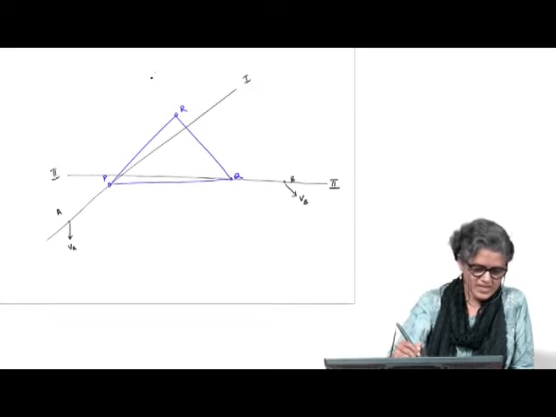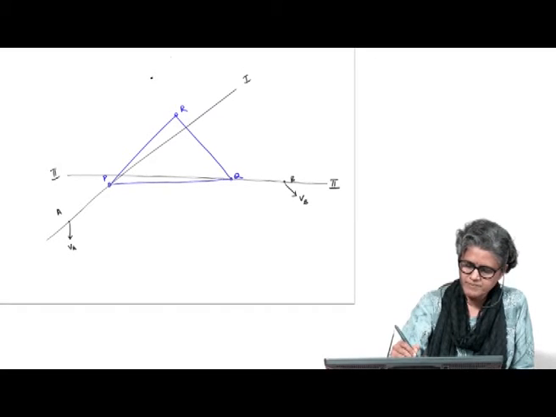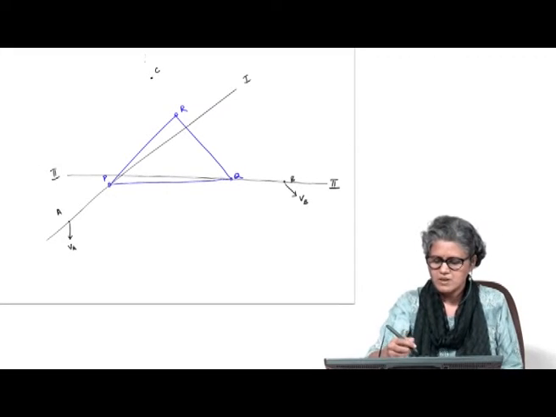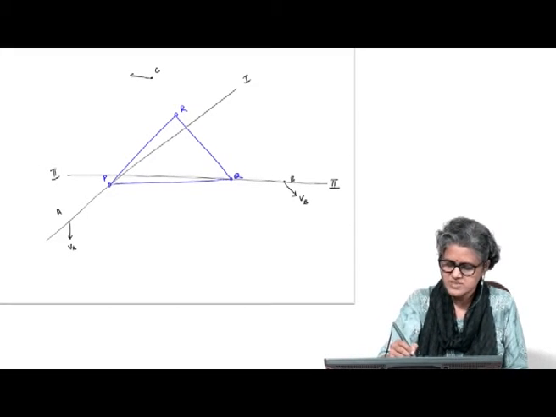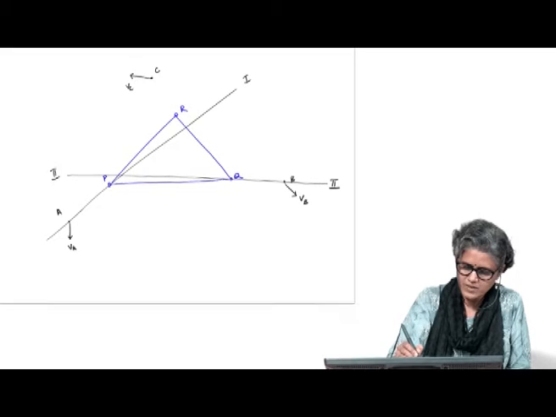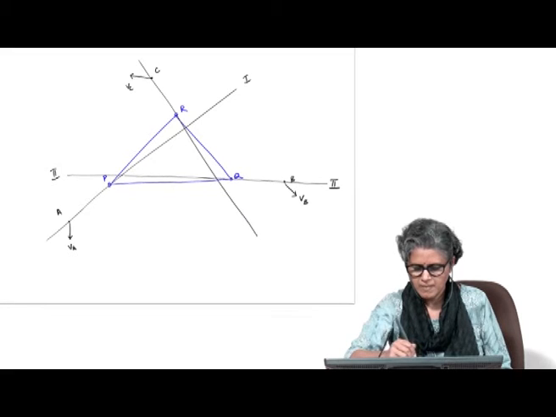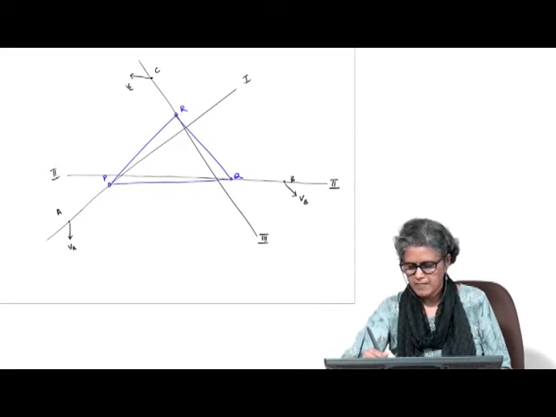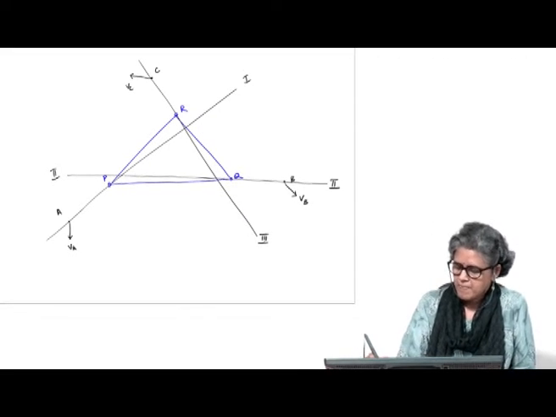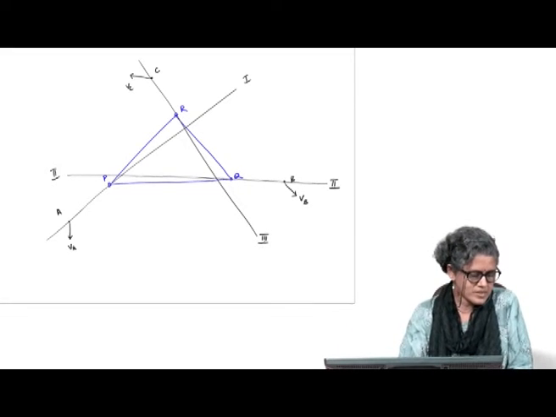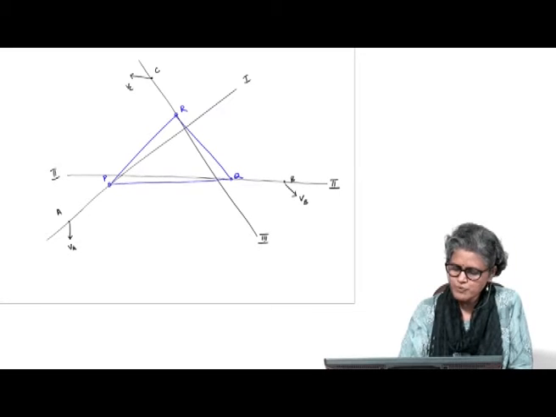And then let's say I have a third point C, whose velocity I know again, and I take my third auxiliary line through that point.